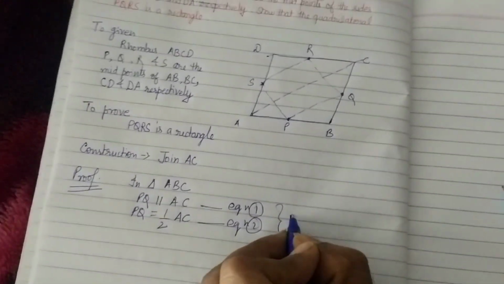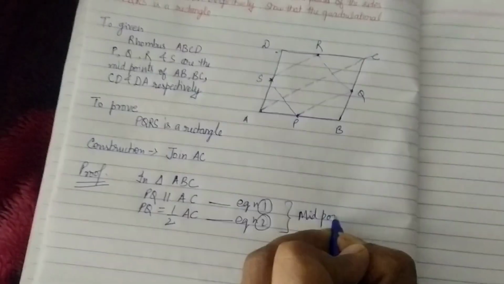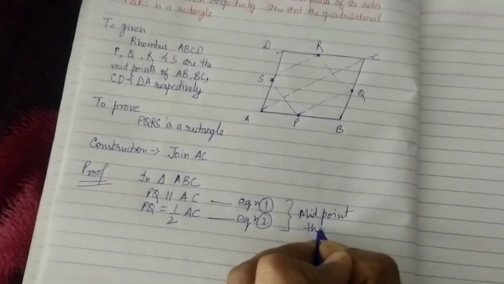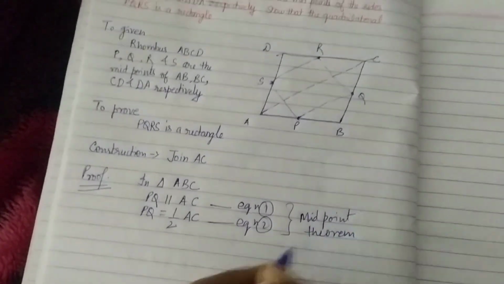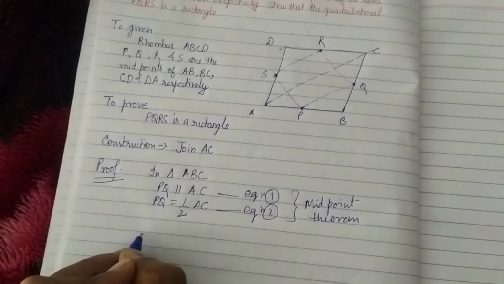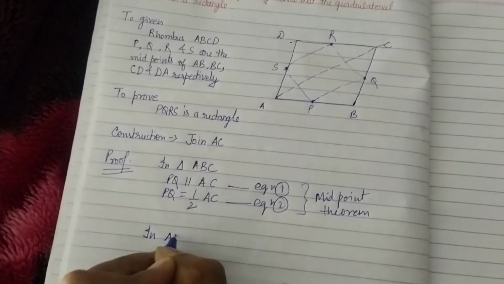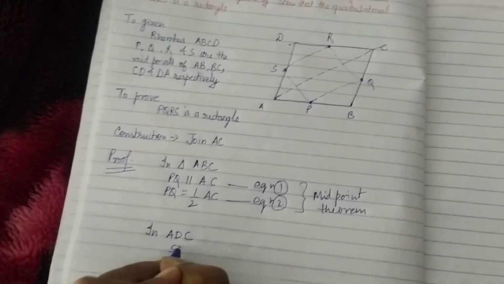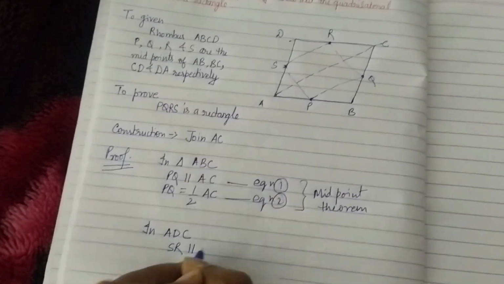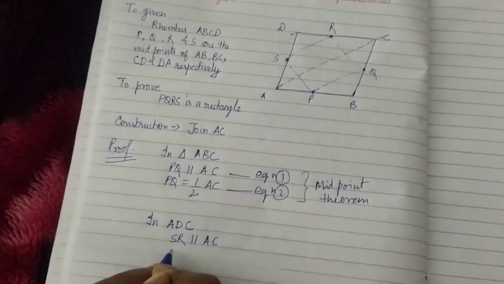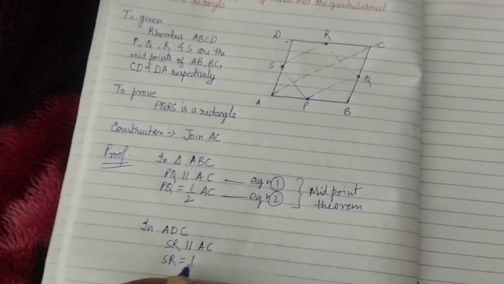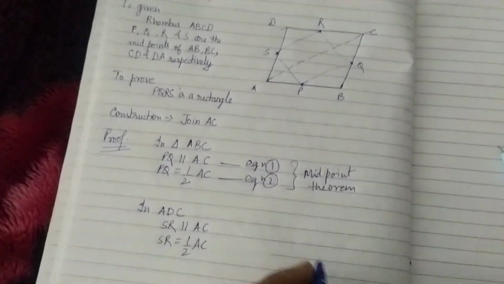This is all from the midpoint theorem. And in triangle ADC, SR will be parallel to AC and SR will be half of AC.